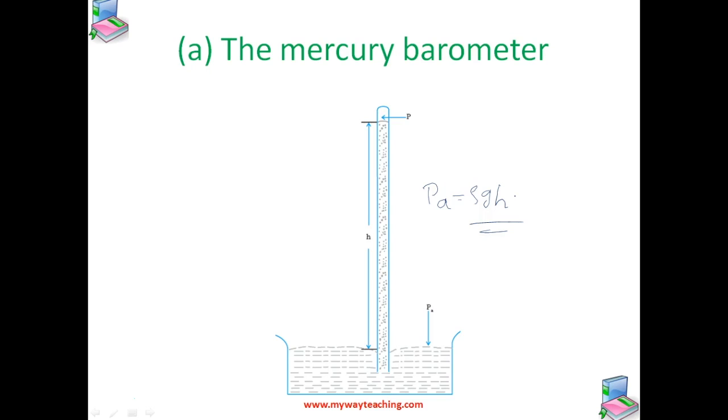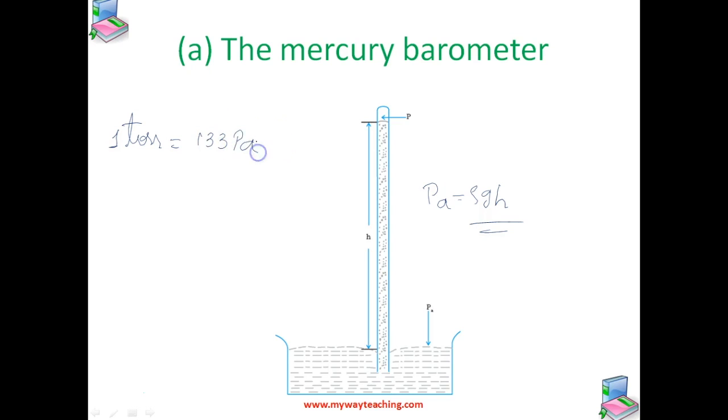A common way of stating pressure is in centimeters of mercury. A pressure equivalent of 1 mm of mercury is called a torr. That is, 1 torr is equal to 133 Pascal.